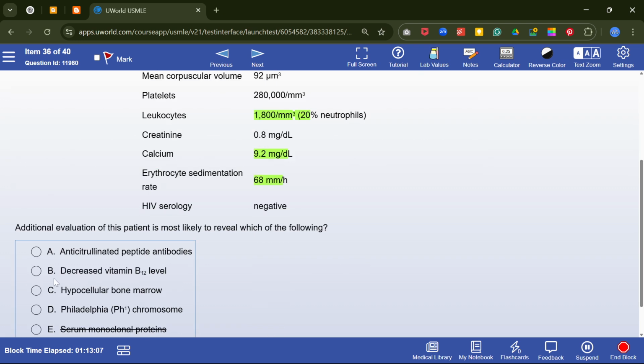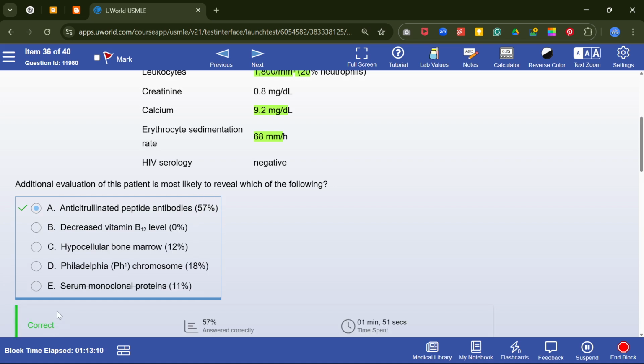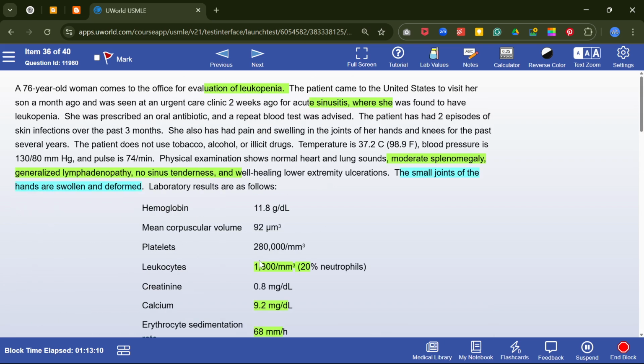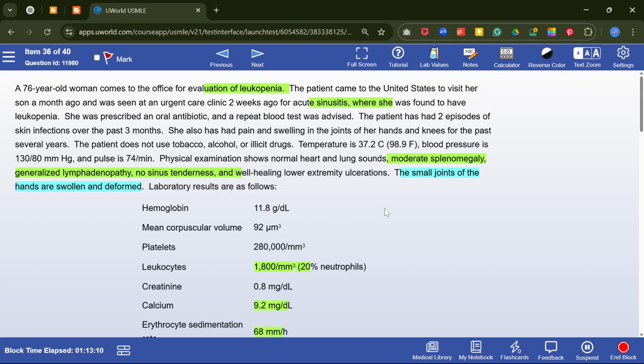I think that she has RA, Felty syndrome. It is Felty syndrome because splenomegaly is present. In Felty syndrome there is splenomegaly, and she has small joints of the hands and feet that are swollen and deformed.